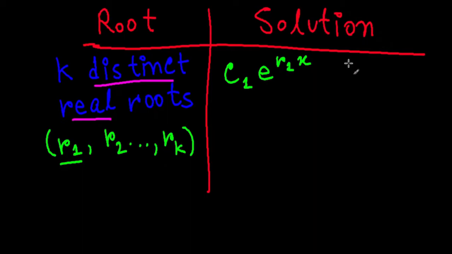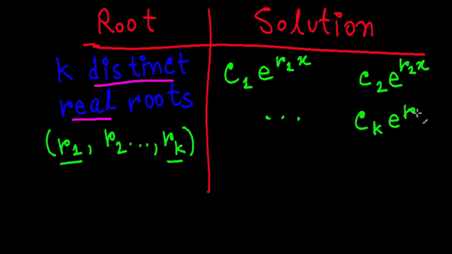Same process for r2. It's going to contribute some constant c2 multiplied by e to the power r2x, and this continues, and your kth root, r sub k, is going to contribute something like this to your solution.